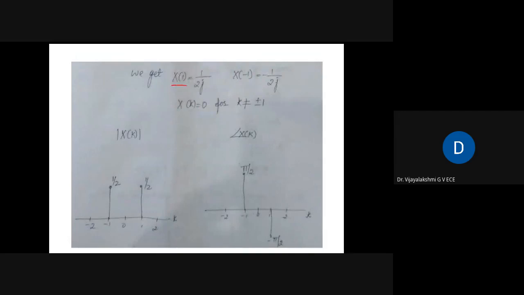These are the Fourier series coefficients, and x of 0 is 0. So for the given problem, we get two Fourier series coefficients. Now what is the next thing? After finding the coefficients, we have to plot the magnitude spectrum and the phase spectrum.